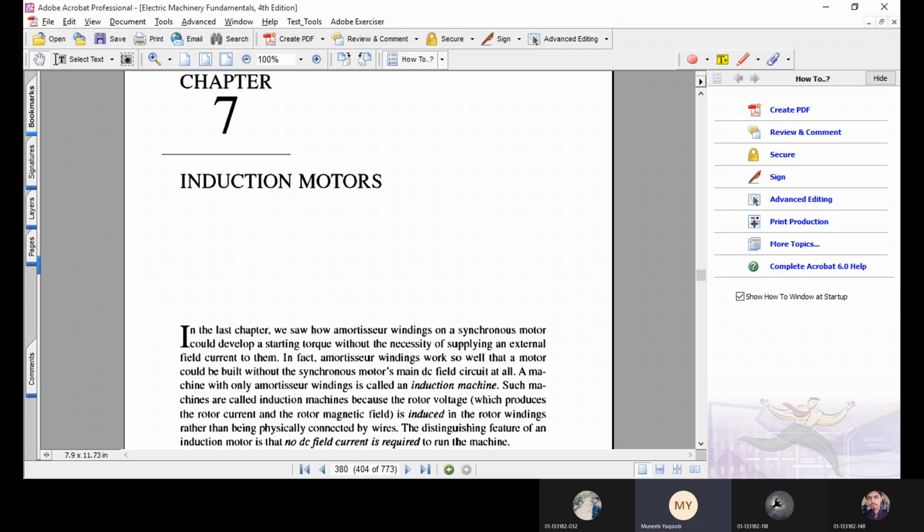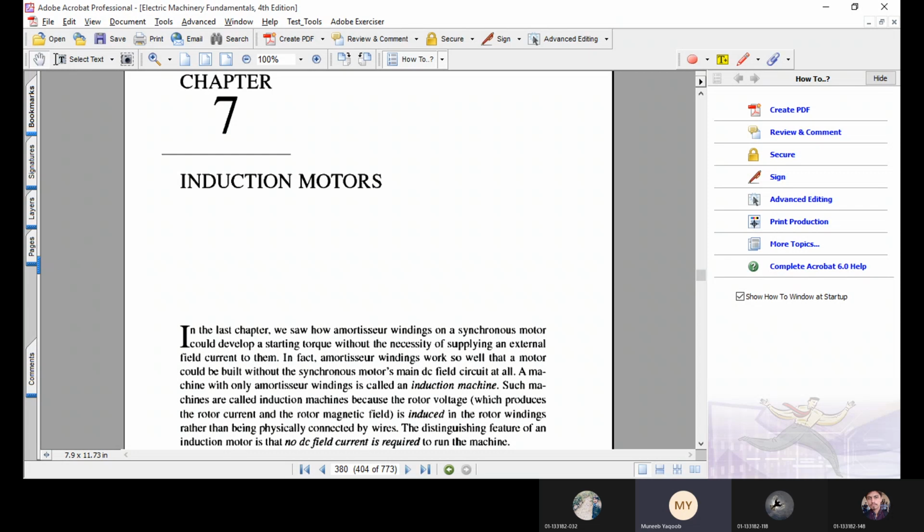Both machines have the same stator, and in the stator we provide a three-phase set of windings. Why? Because for the starting of three-phase machines, we have to provide a three-phase set of voltages to the stator winding. So the stator is wound with a three-phase winding.